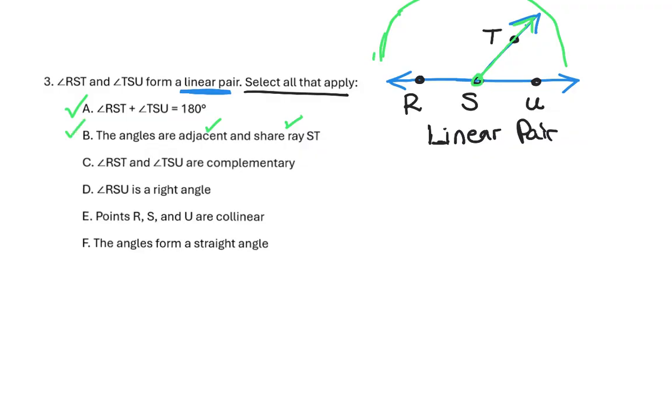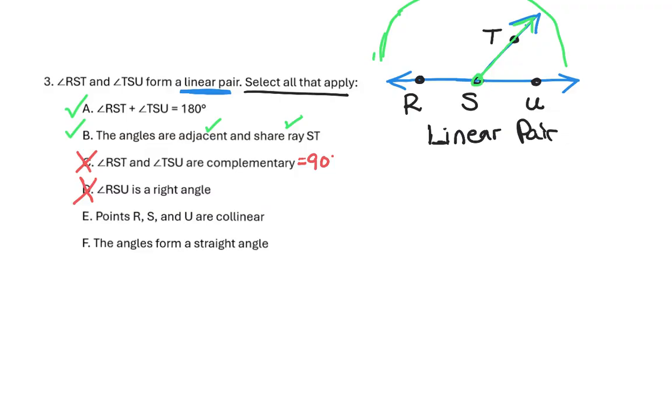This one says RST and TSU are complementary. Remember, complementary means it equals 90 degrees. So no, those two angles don't equal 90 degrees. They equal 180 degrees. Is RSU a right angle? No. Are R, S, and U collinear? Yes. R, S, and U have to be collinear.